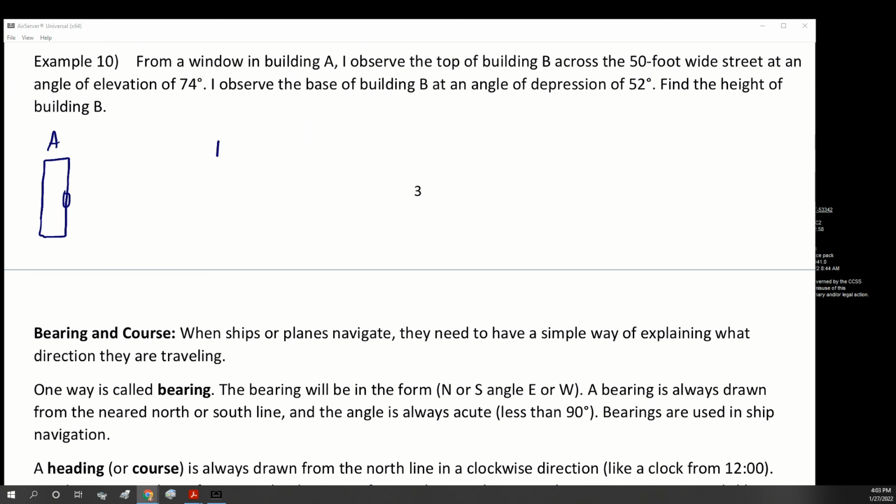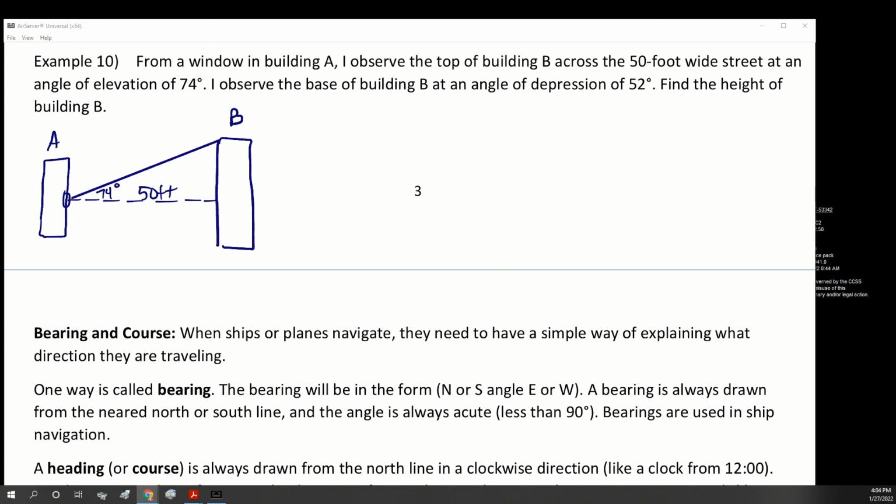So I'm going to go ahead and draw building B. So I'm at this window and I'm looking up at building B. I know that across the street is 50 feet. And I know my angle of elevation should be touching that horizontal, so that's 74 degrees.